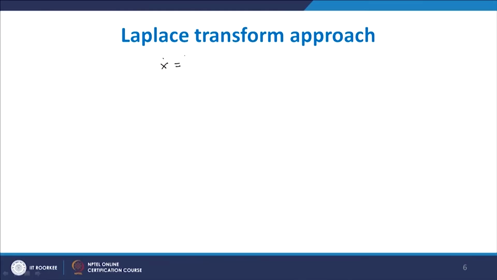Now, we start deriving the state equation using Laplace transform approach, that is we can write down the equation as x dot equal to ax plus bu. Now, what we do? We have to take the Laplace transform for these equations. So, taking Laplace transform both sides, we can write down as s x of s minus x naught equal to a into x of s plus b into u of s.